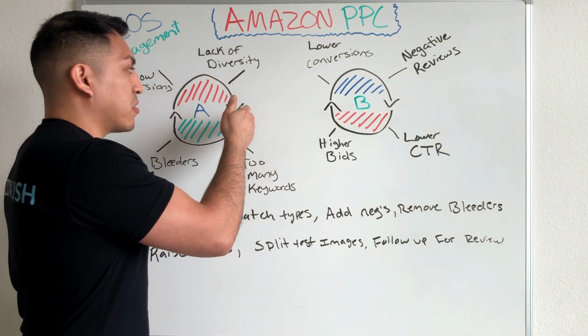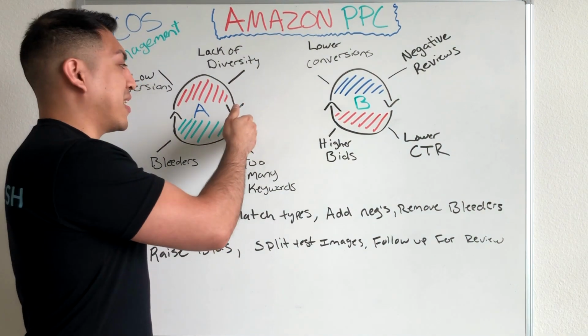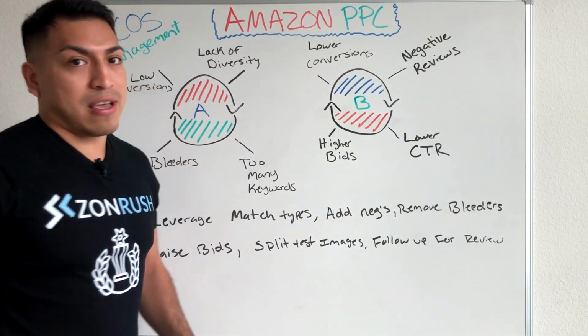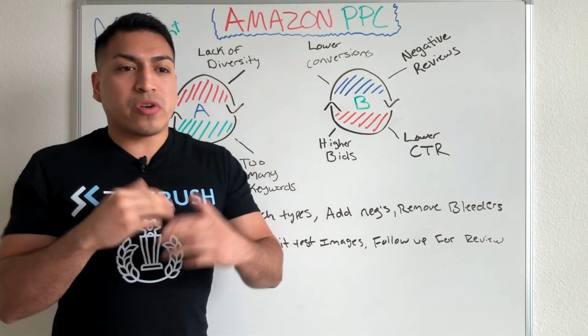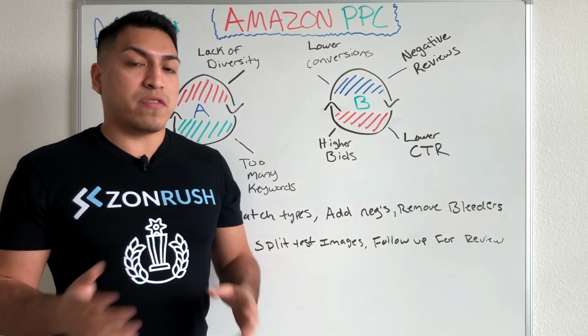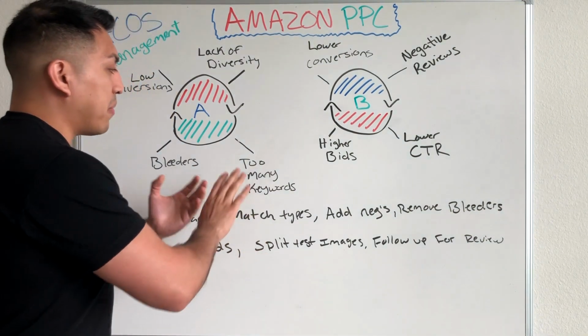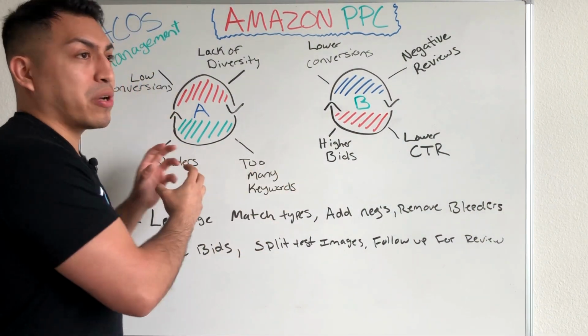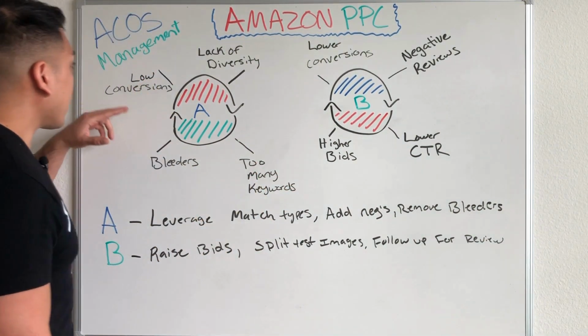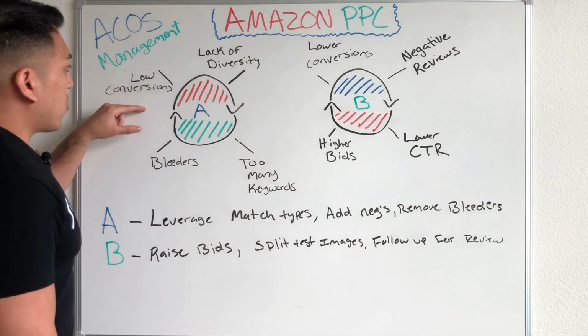So you'll have those same 25 to 50 keywords in an exact, broad, and phrase campaign. You'll have the same keywords because you already know you're making sales on these 25 to 50 keywords, okay? So you eliminate bleeders, you're only putting in your high performers, and low conversions.